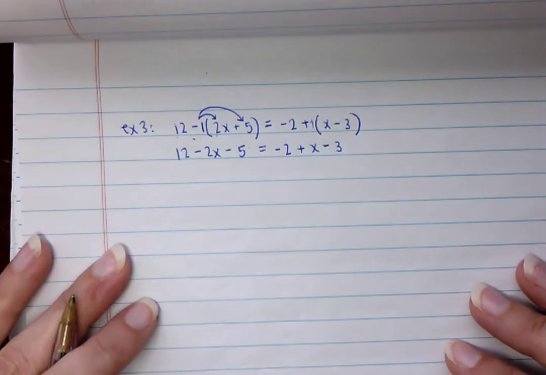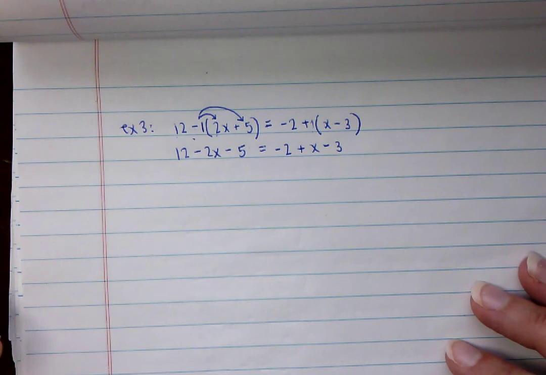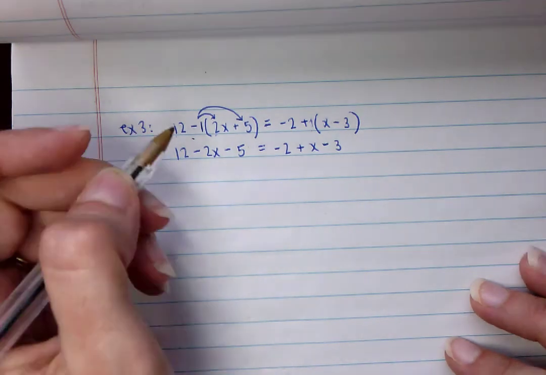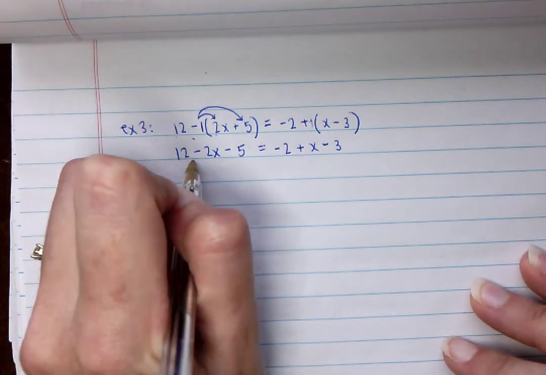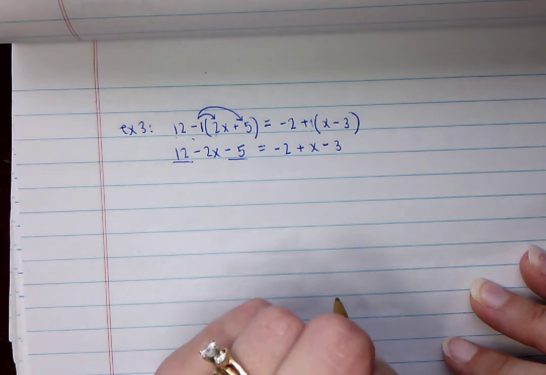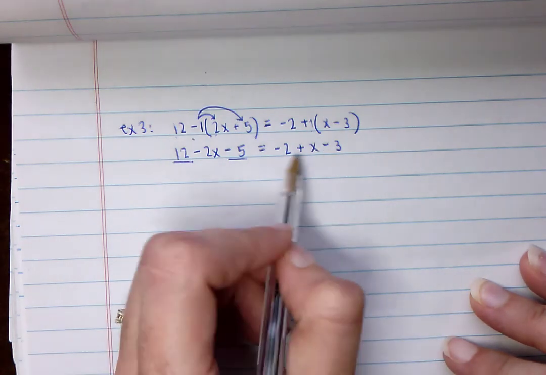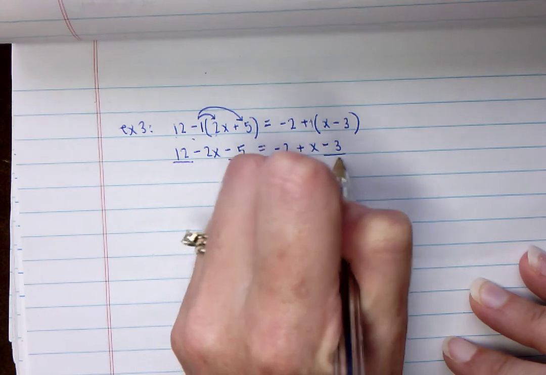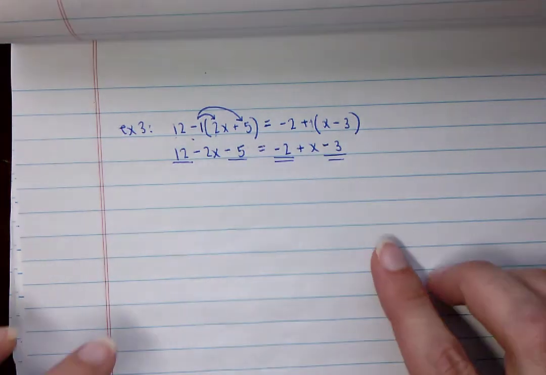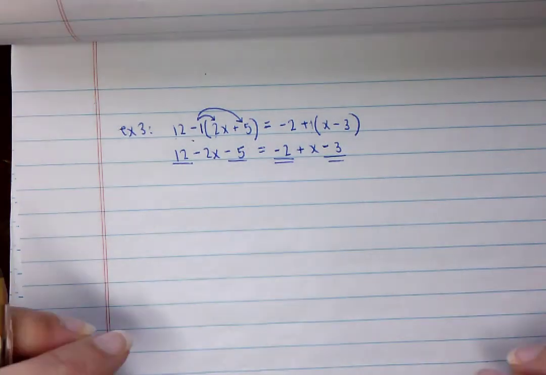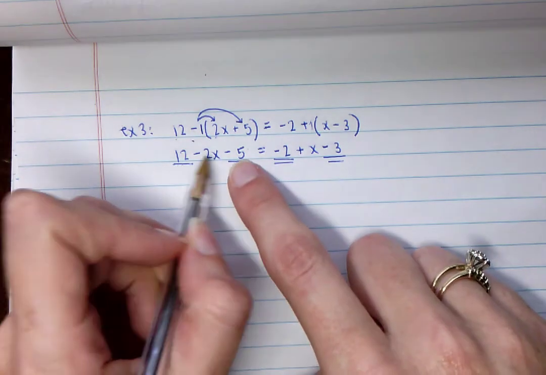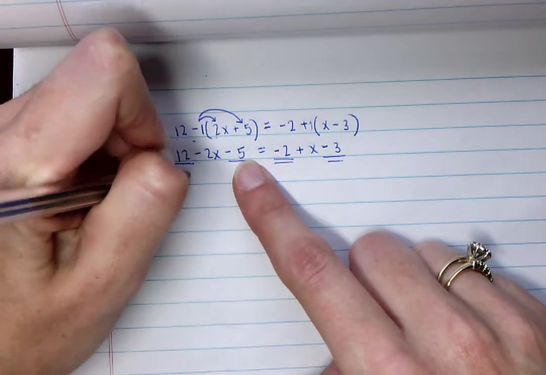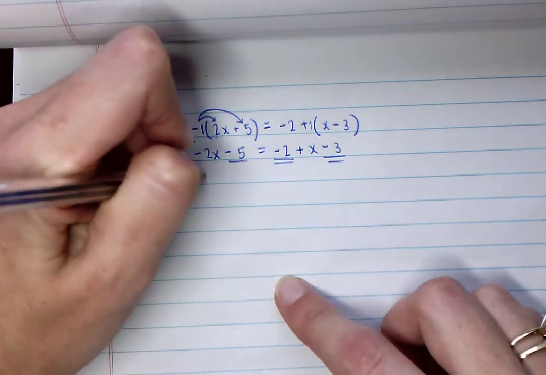The next step they say is add like terms on both sides. So we look on the left side and we see that there's a 12 and a -5. Over on the right side, there's a -2 and a -3. We're going to have to combine the like terms on each side. So 12 minus 5, that's 7. So we have 7, and then minus 2x.